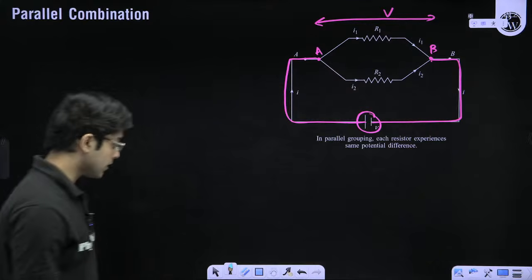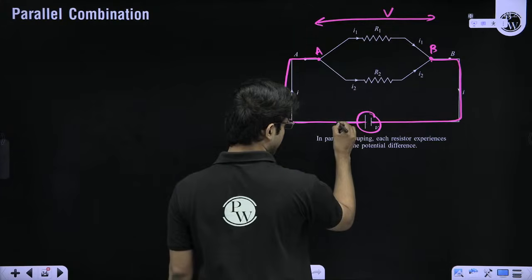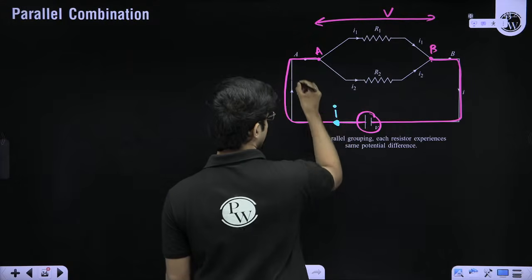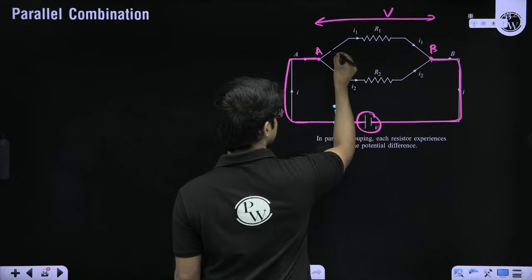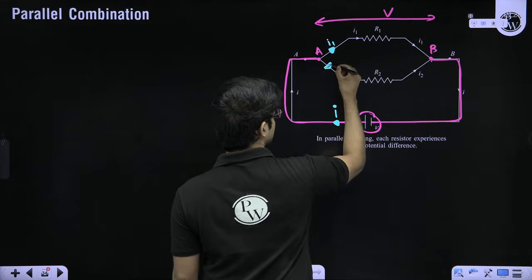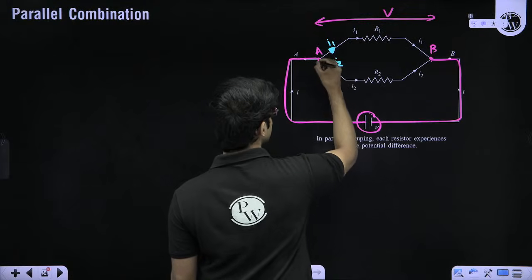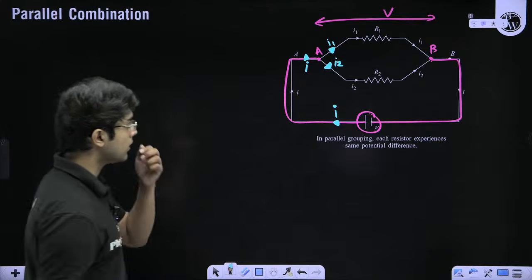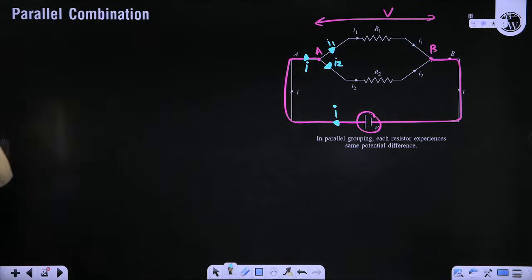But the currents will of course be different, right? So if the battery is giving out a current I, this current I will split here. Some fraction I1 will go here and some part I2 will go here, of the total current I. Current will be different, but the potential differences are the same.